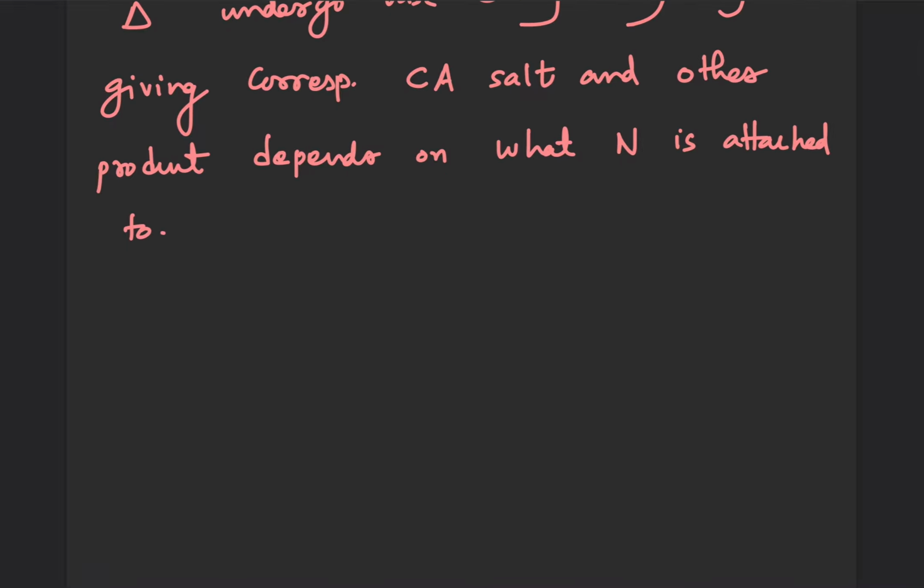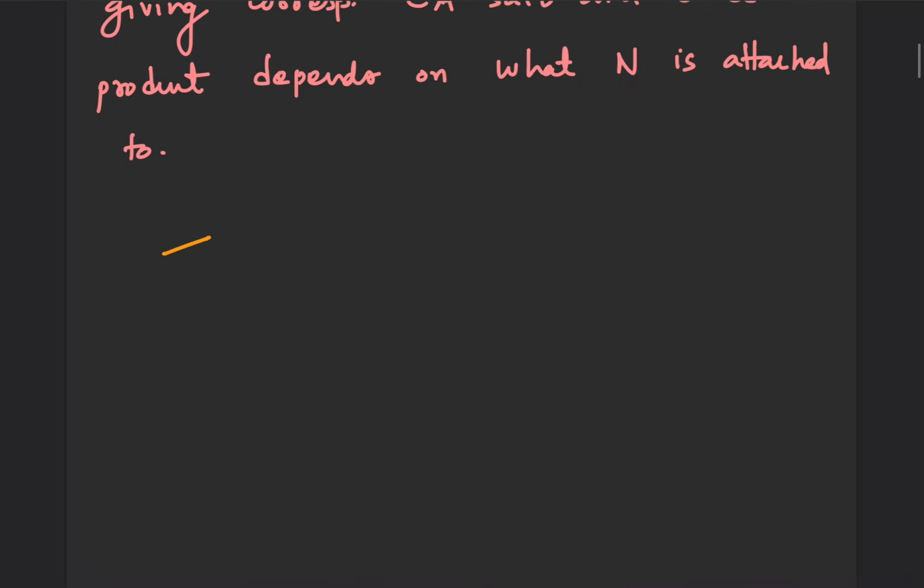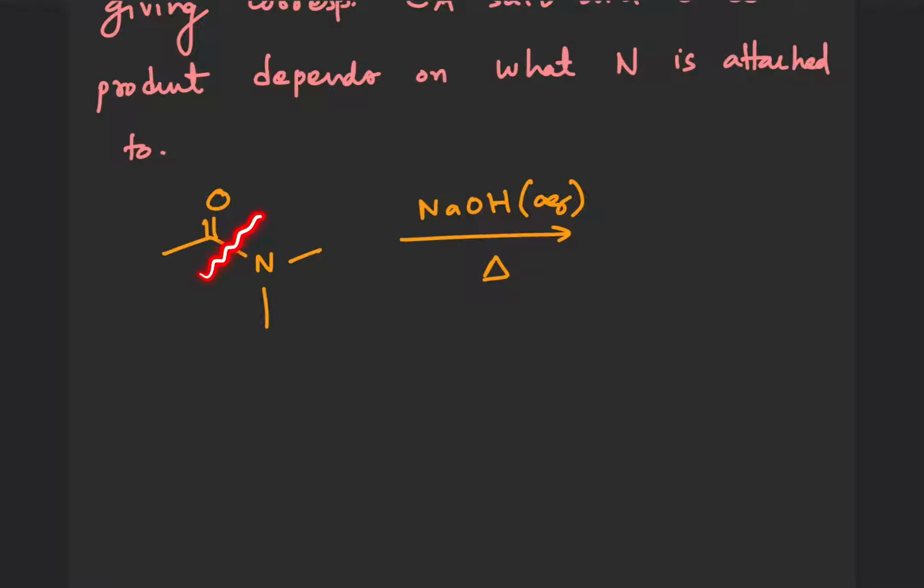So let's say we have an amide group. Here we have the carbonyl CO connected to N, therefore this is the amide group, and this N is connected to, let's say, some groups. In the presence of aqueous NaOH and heat, this bond is going to break.